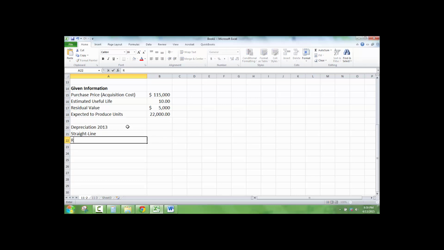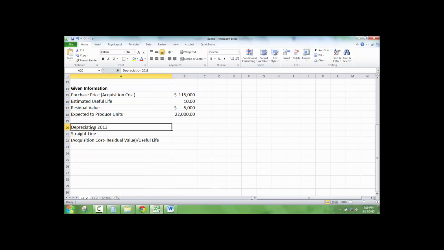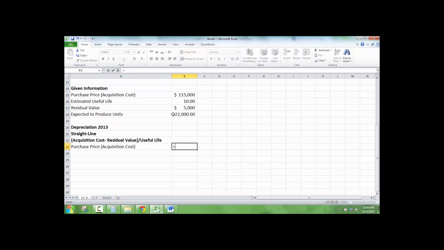So straight line is purchase price or acquisition cost minus residual value divided by useful life. So acquisition cost. This is the easiest to employ.